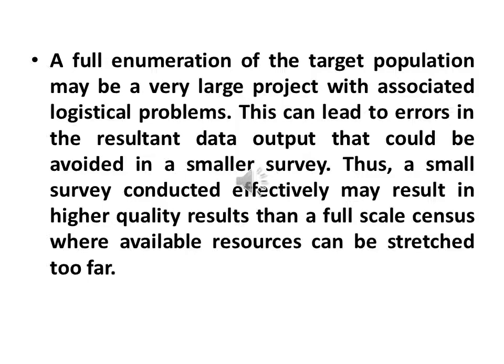A smaller survey can yield small errors, but a whole enumeration may lead to big errors. Thus, a small survey conducted efficiently may result in higher quality results than a full-scale census, where available resources can be stretched too far.